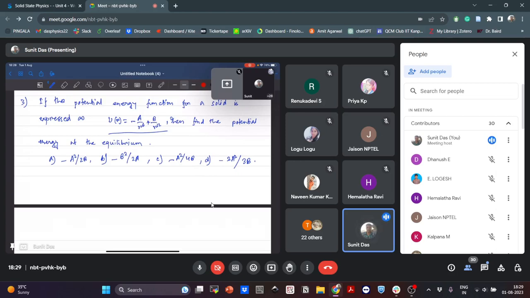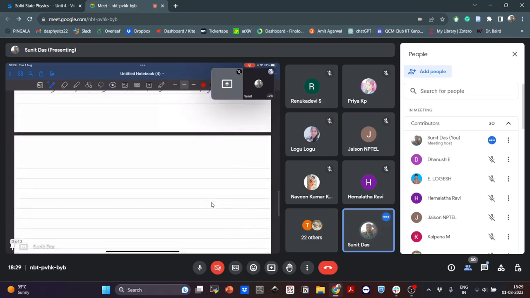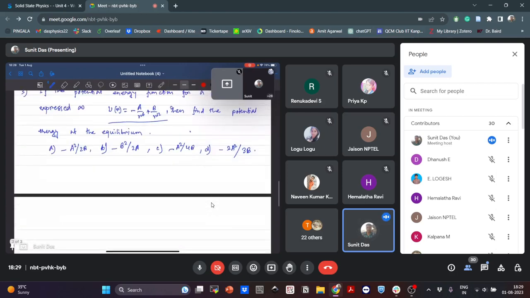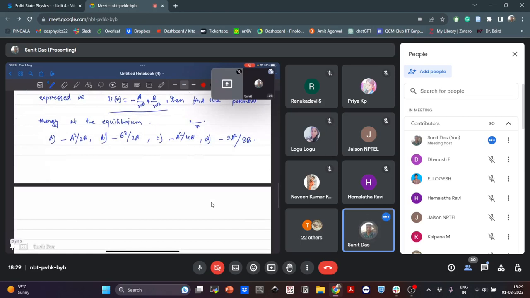Then we need to find the potential energy at the equilibrium. For equilibrium, we take the potential energy with respect to r, the interatomic distance. At the equilibrium, the potential energy will be minimum.